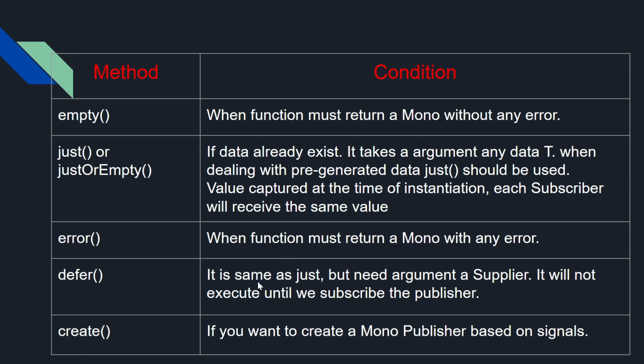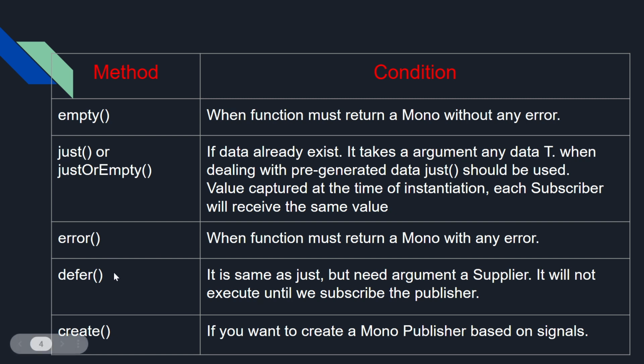The fourth one, defer. It is the same as just, but it needs an argument as a supplier. The main difference between just and defer is that defer will not execute until we subscribe to the publisher.